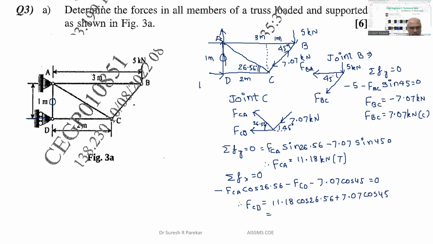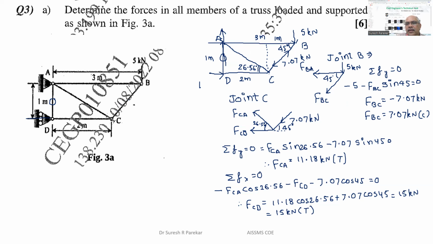And solving this, 11.18 cos 26.56 plus 7.07 cos 45 is 15 kilonewton. So FCD we will get it as 15 kilonewton. And as we are going to get this value plus, so whatever direction we have assumed, that is correct, tensile.